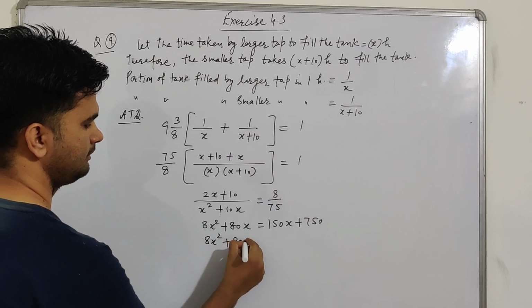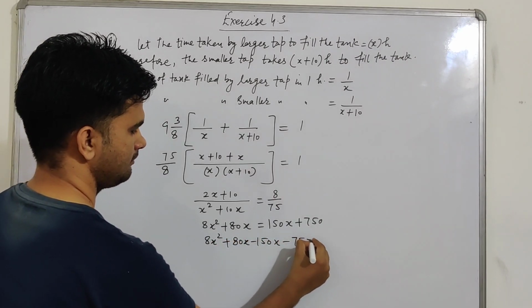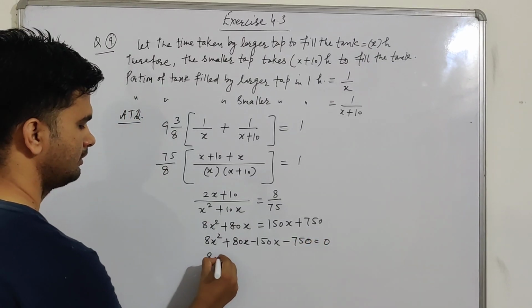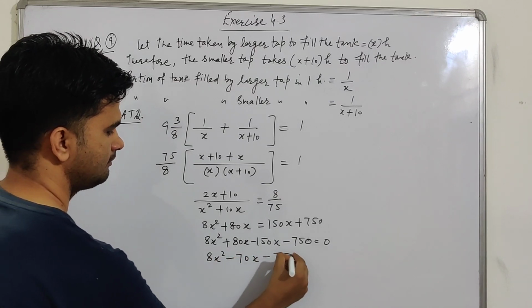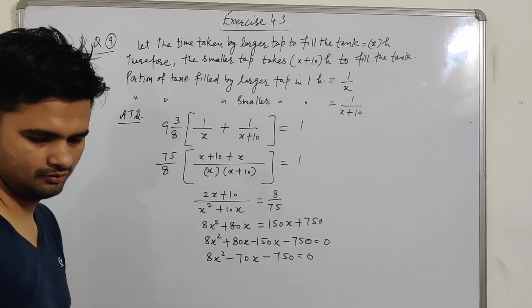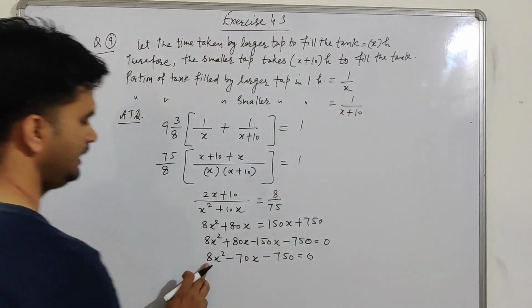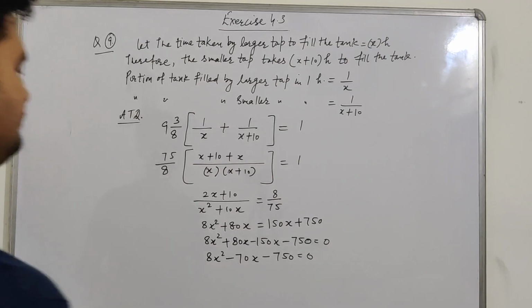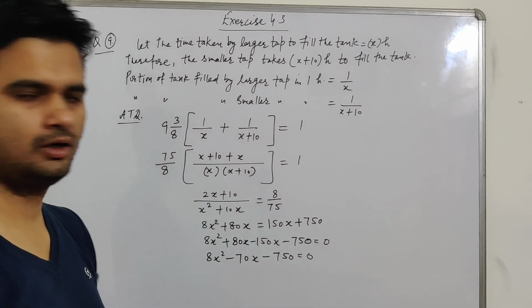8x square plus 80x minus 150x minus 750 is equal to 0. 8x square minus 70x minus 750 is equal to 0. Now see, 8 into 750. Now we can take 2 as a common term among all three.